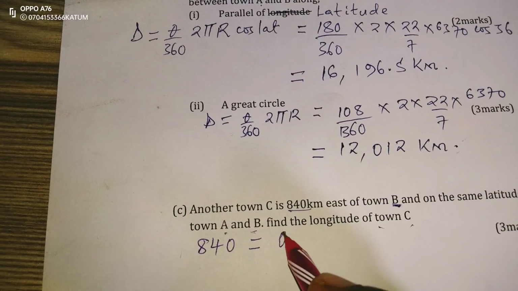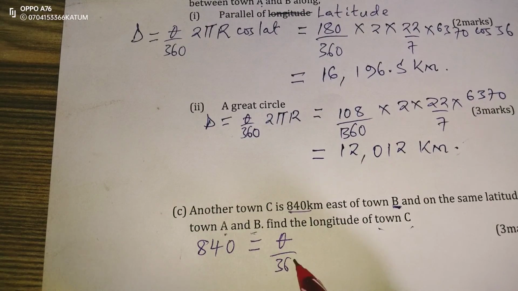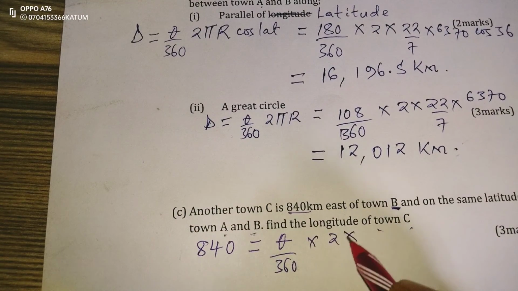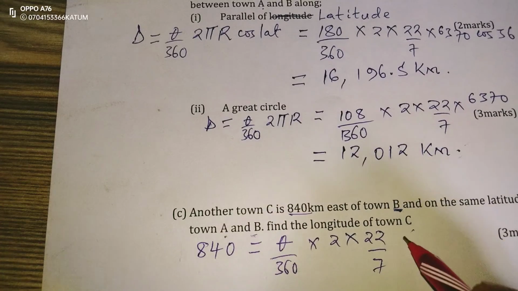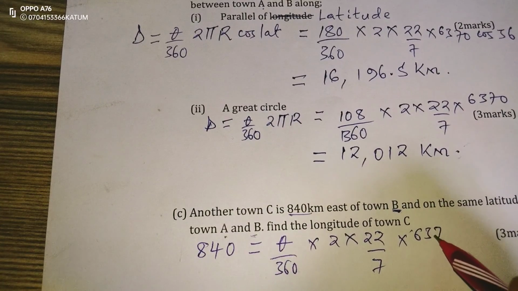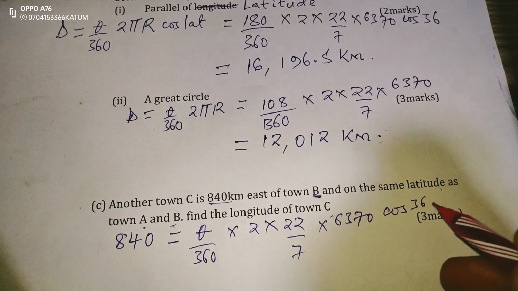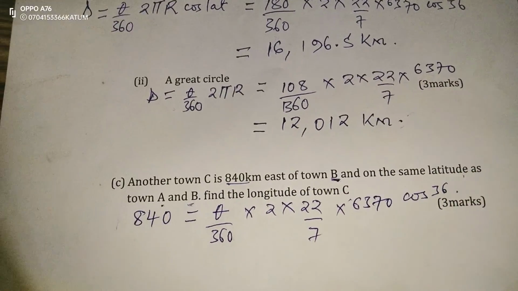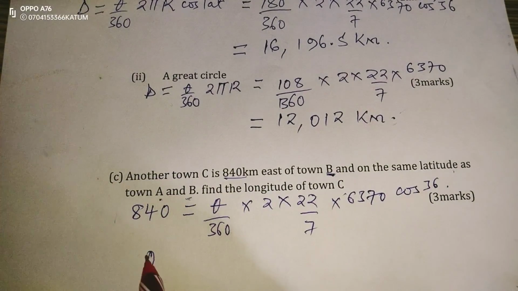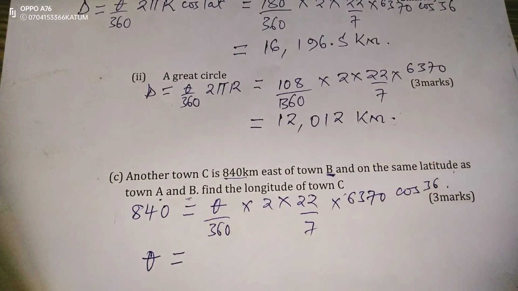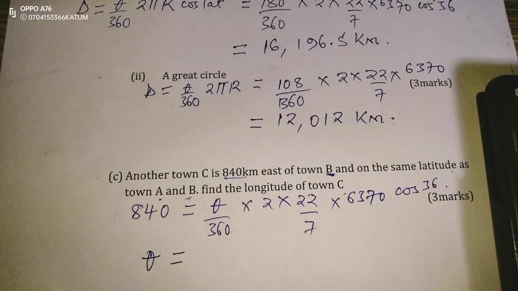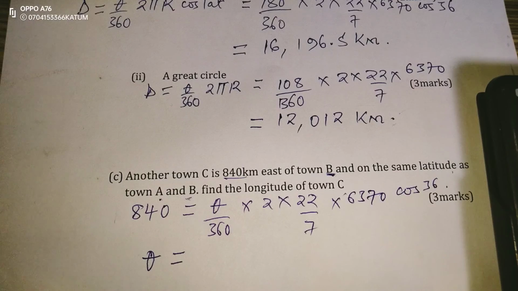This is equal to an angle difference, which we don't know, over 360 times 2 times pi times r 6370 cosine of latitude, which is 36 as already indicated. So to get the theta angle difference, we shall have 840 multiplied by 360 multiplied by 7.